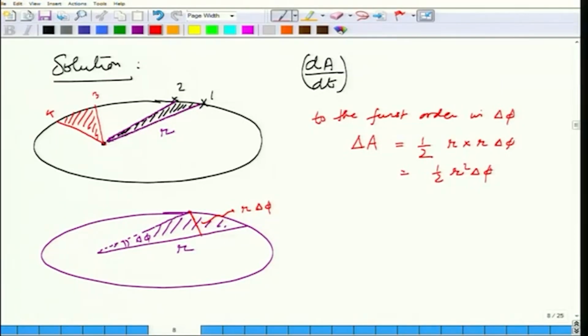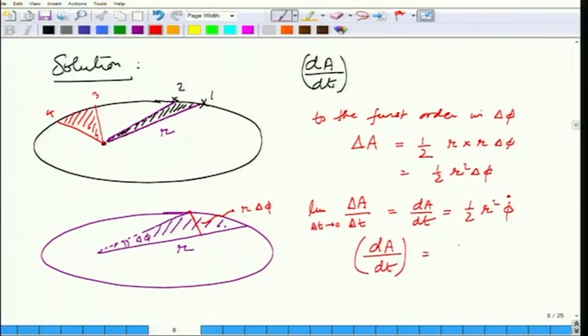So this is the expression for infinitesimal area in planar polar coordinates. Therefore delta A over delta t, with the limit delta t going to 0, dA dt, comes out to be 1/2 r square delta phi by delta t, which is phi dot.